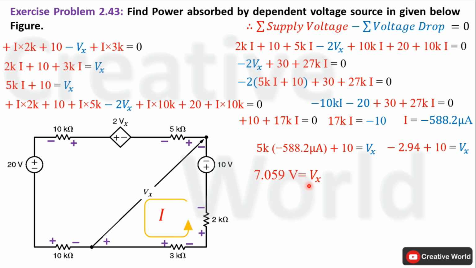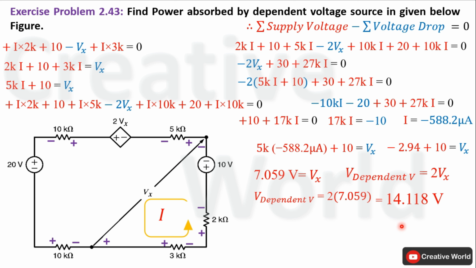We have calculated the value of voltage Vx, so we can calculate the value of voltage across this dependent voltage source, that is the twice of Vx. So the value of this dependent voltage source will become 2Vx. Value of Vx is 7.059. So the value of this dependent voltage source will become 14.118 volt.